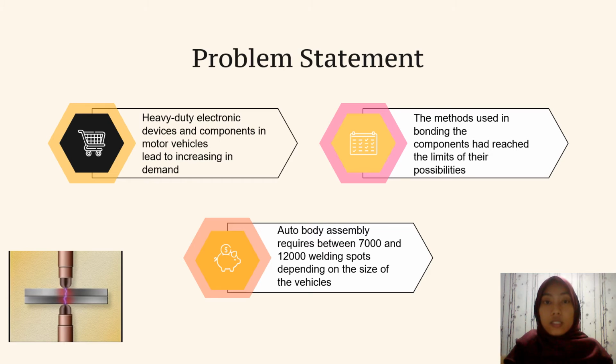In order to cope with the demand, heavy-duty electronic devices and components in motor vehicles are increasing. This makes the methods used in bonding the components reach the limits of their possibilities. So a new process and new information about resistance spot welding is needed to cope with the automotive industry.